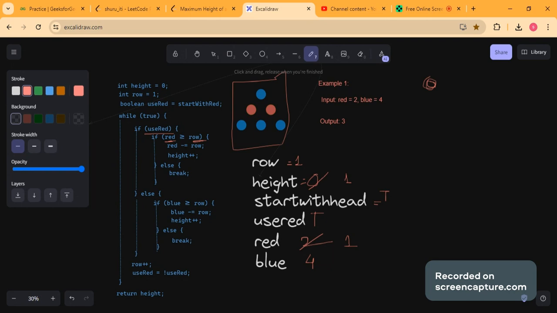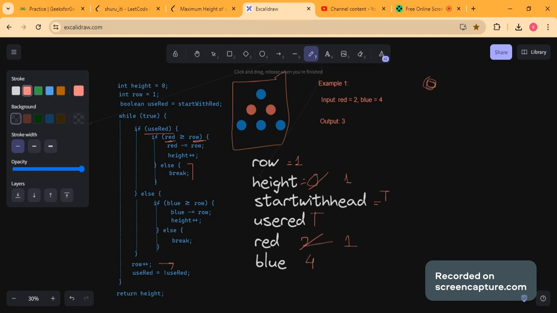We don't fall inside the else category here. If we would not have been using the red ball in the first row, then we would have fallen into this else condition, but this is not the case now. Now if the placement of the balls in the particular row is done, we will increase the number of rows because the job of the first row has been done.